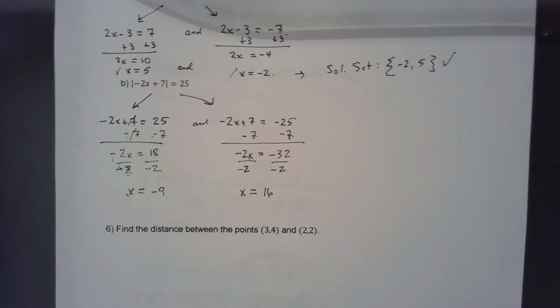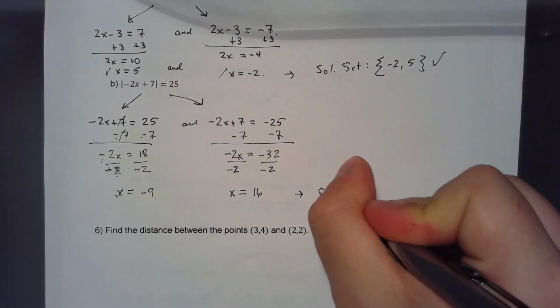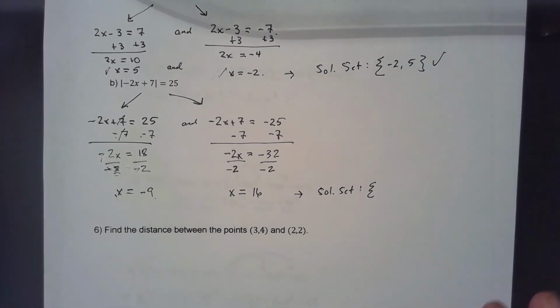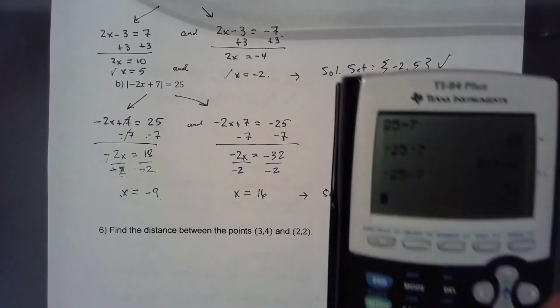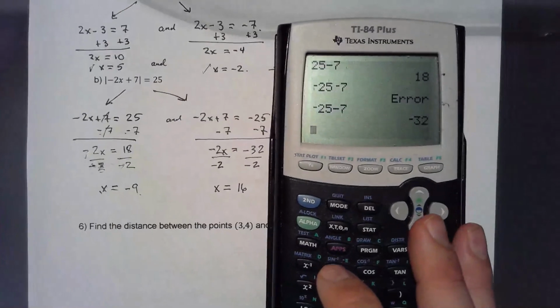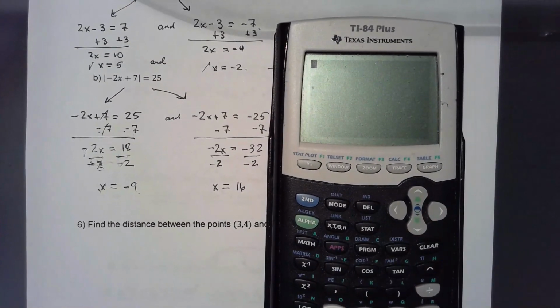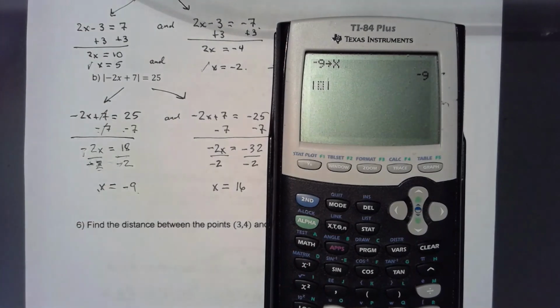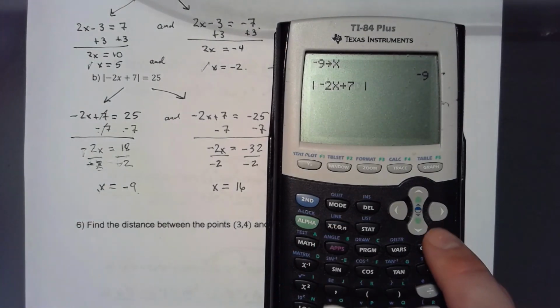So my solution set, I have to check them. So let's do it. So -9 stored in x. Type in the original equation. So math number ABS, -2x plus 7.